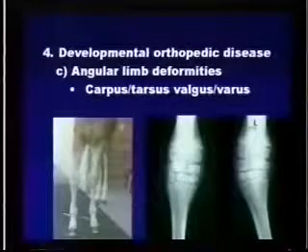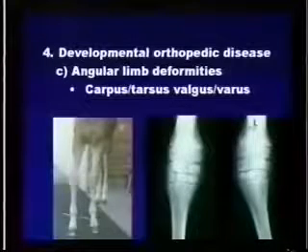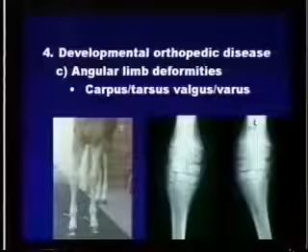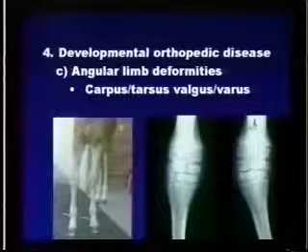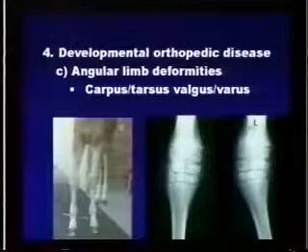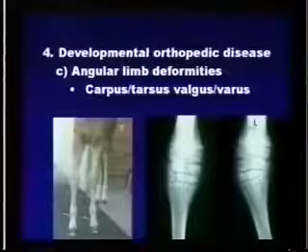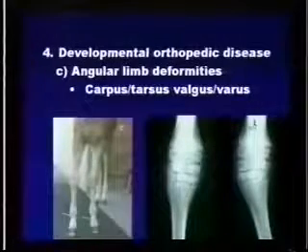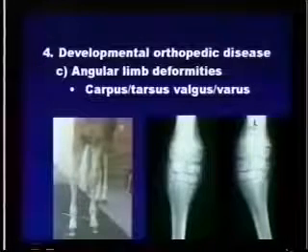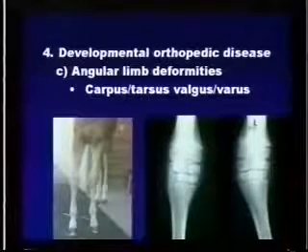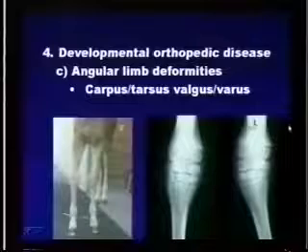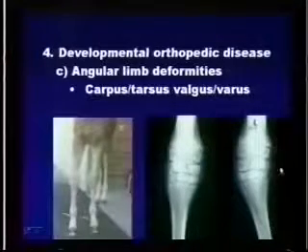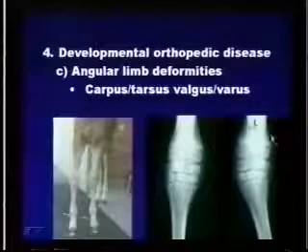There have been several treatments that have been described for angular limb deformities in foals. The most common would be periosteal stripping or periosteal transection. The idea behind periosteal stripping is to try to increase the growth rate on the side of the limb that is growing more slowly. So in this case, the lateral side or the concave side is the side that you want to speed up.